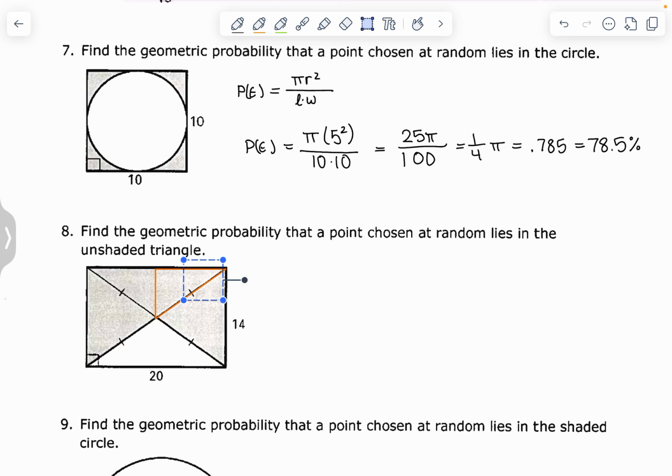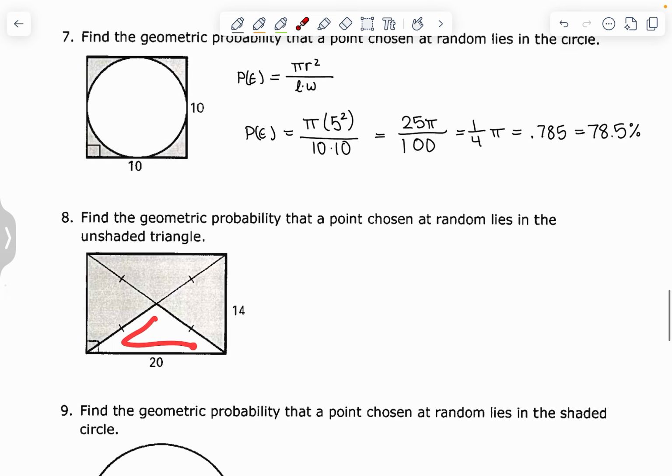So if their halves are equal, then the whole triangles are equal. And so we have 1, 2, 3, 4 equal triangles. Find the geometric probability that a point chosen at random lies in the unshaded triangle. Well, that is just 1/4, or 0.25, or 25%.